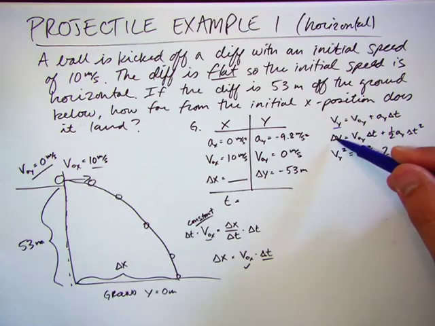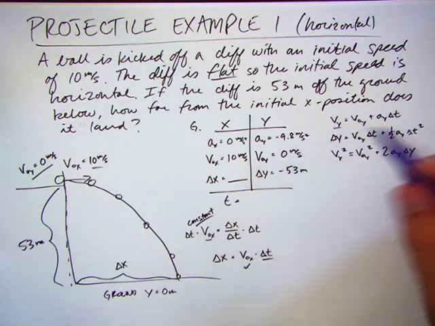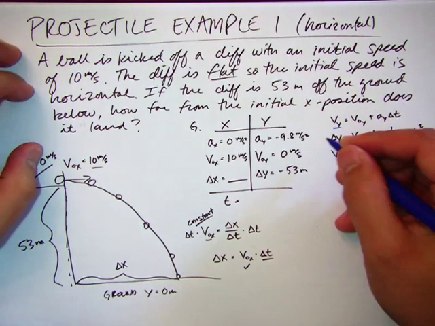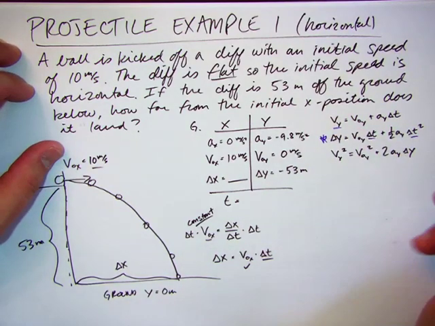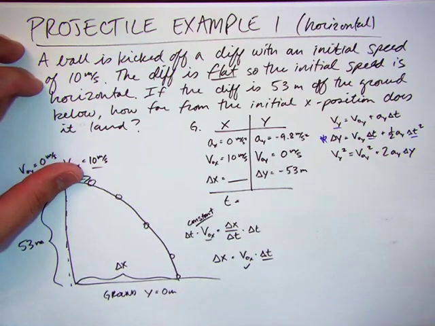Do I have delta y? Yes. Do I have v naught y? Yes, it's 0. I have ay? Yes. And actually, because this is 0, it becomes a more simple equation. So I can use equation number 2 to solve for time. And then once I have the time, I can plug it back to here.